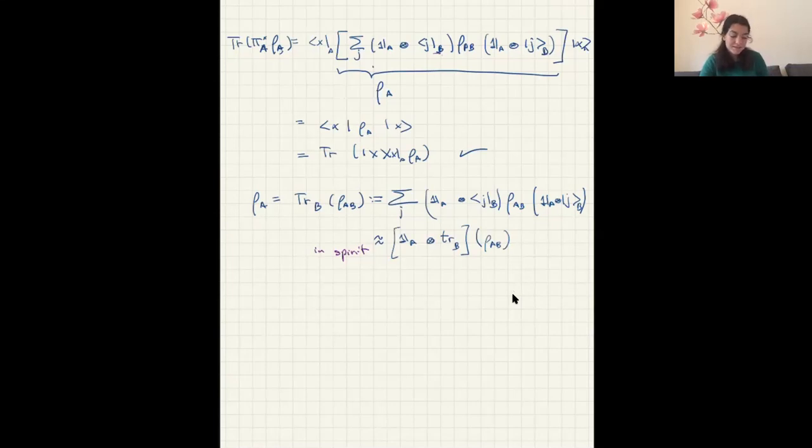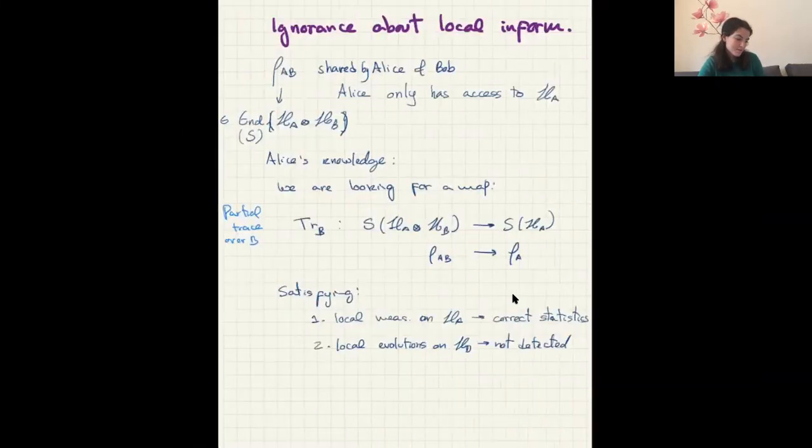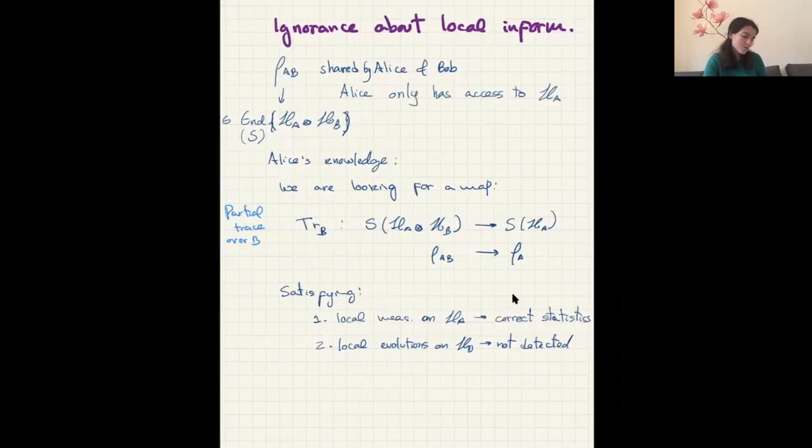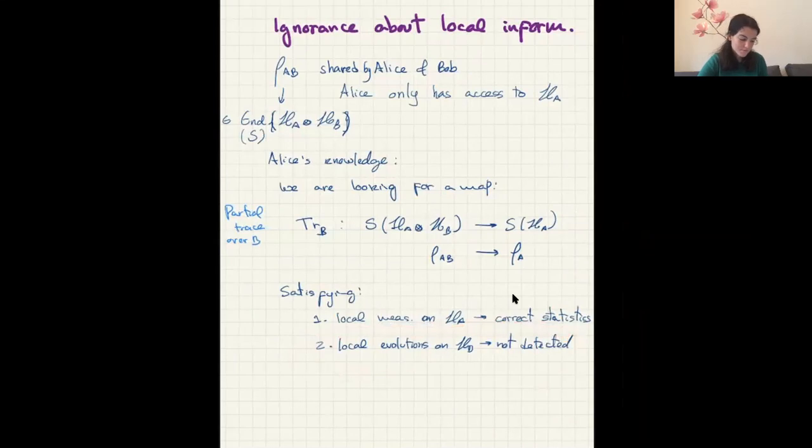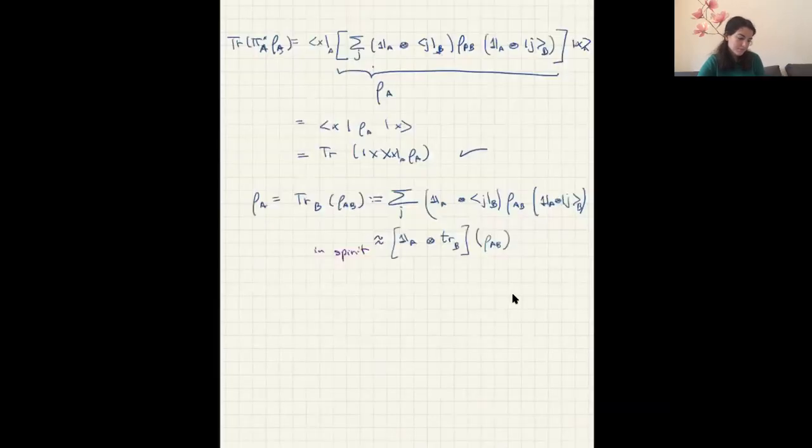And this is a candidate, because it gives us the right predictions. But we still need to see what happens under local evolutions on HB. What we want, in fact, is that we cannot detect them.